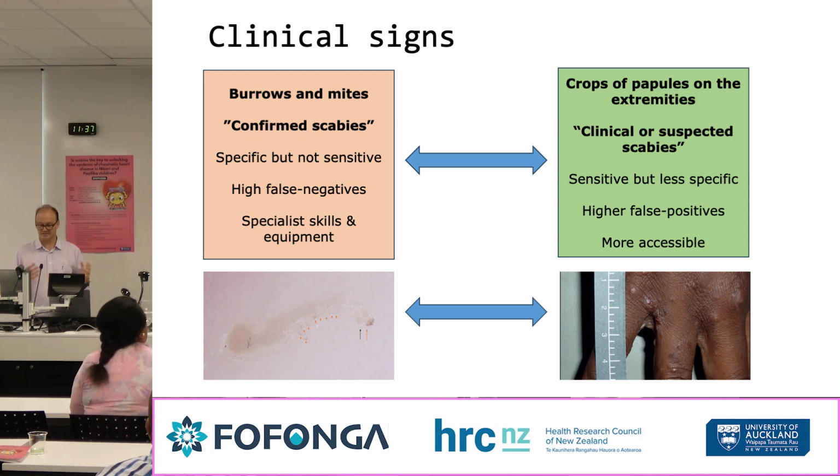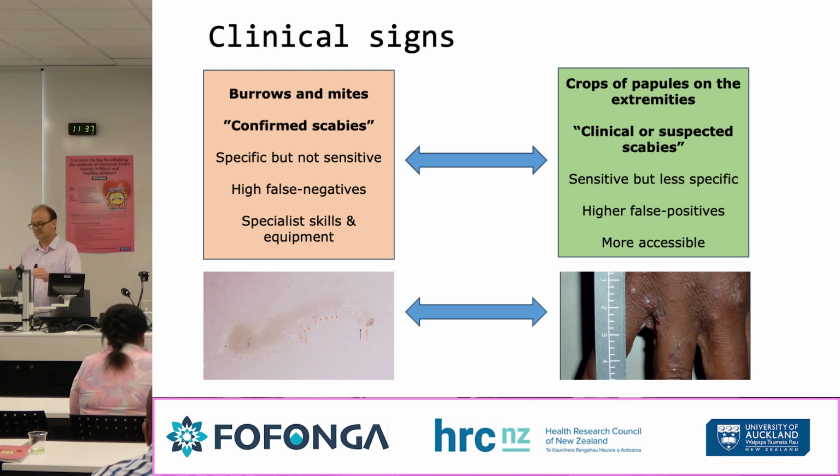So here, this is from a BMJ paper where you can see the burrow, the sort of translucent area, often easier to see in non-pigmented skin. We think it's associated with a high rate of false negatives, so it's specific but not sensitive, and requires specialist skills and equipment.